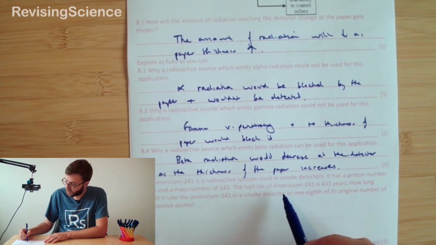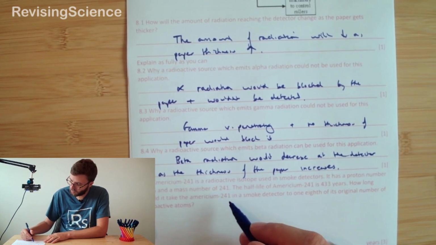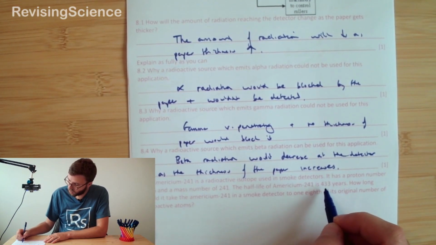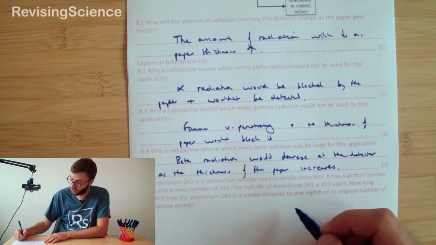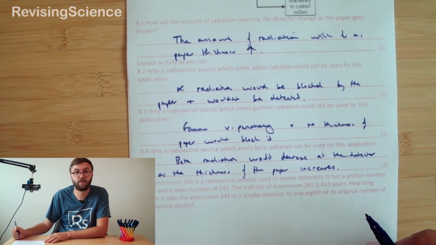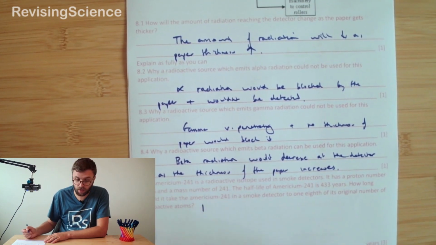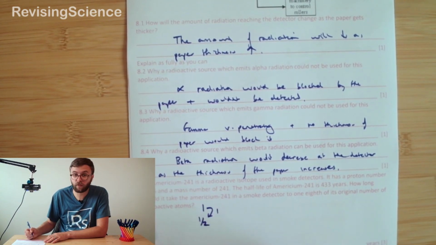Americium-241 is a radioactive isotope used in smoke detectors. It has a proton number of 95 and a mass number of 241. The half-life of Americium-241 is 433 years. How long would it take for the Americium-241 in a smoke detector to go to 1/8 of its original number of radioactive atoms? If we think about it firstly being at 1, after one half-life it would go to a half.